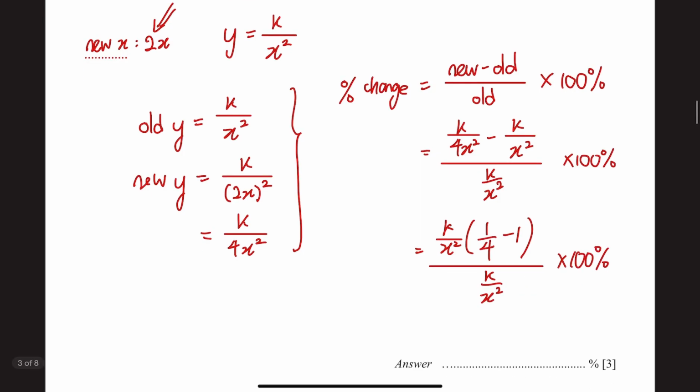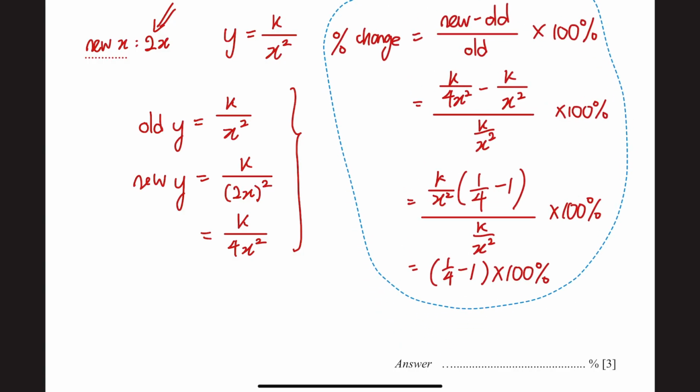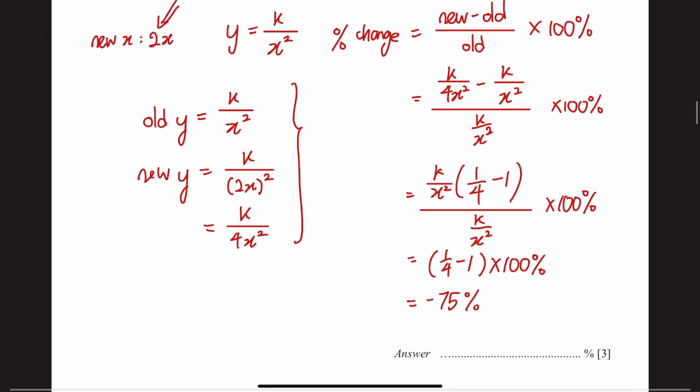Then you notice these two can cancel out. I read this step by step: 1 over 4 minus 1, times 100%. If you press this in your calculator, we will get negative 75%. So this is the percentage change.